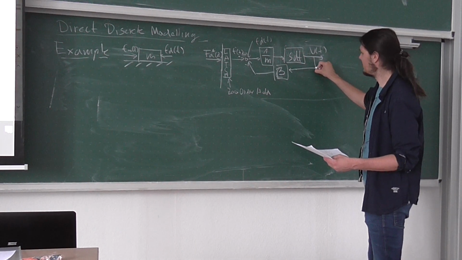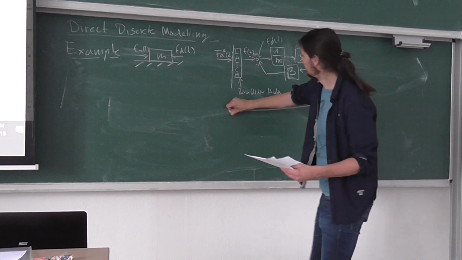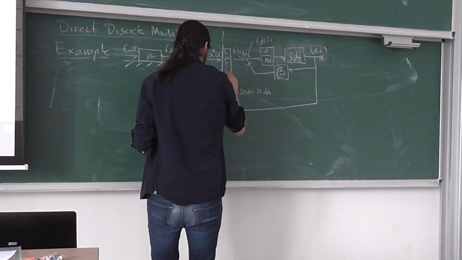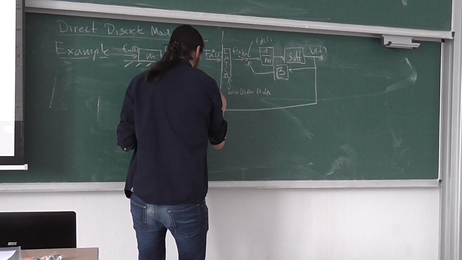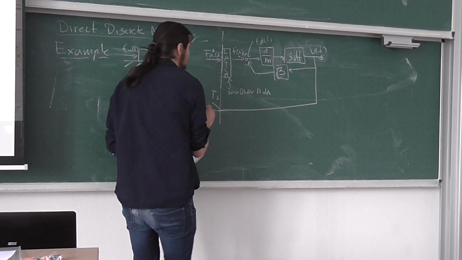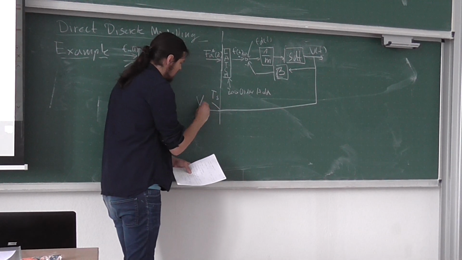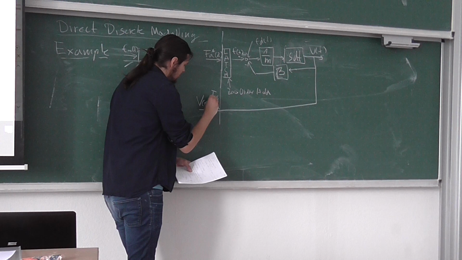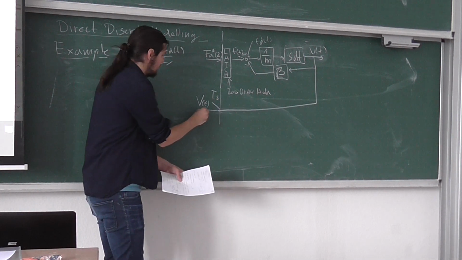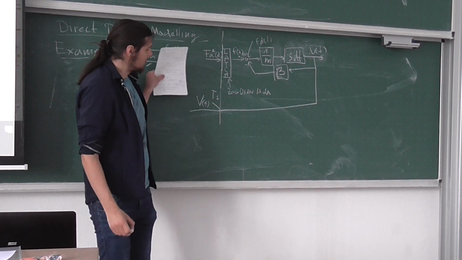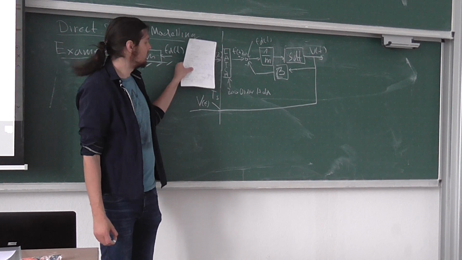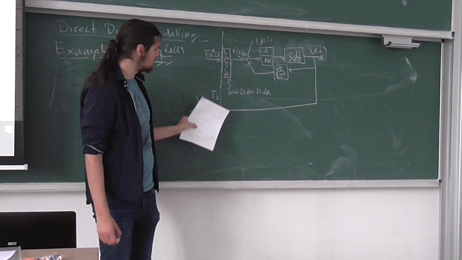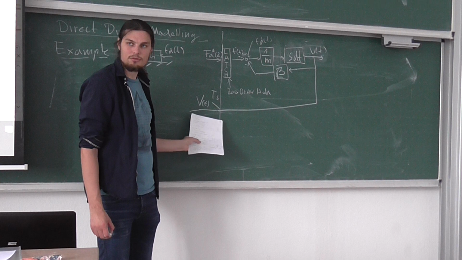And now we measure this, but we do sample still. At our sampling time Ts, we get now a V of z or V of k, whatever you want. And this is our interface to the world. This is the digital latch. In MATLAB, you also have to use a zero-order hold here.